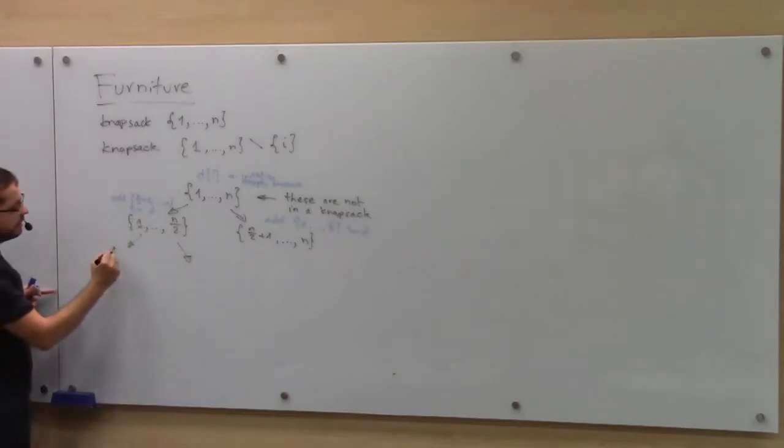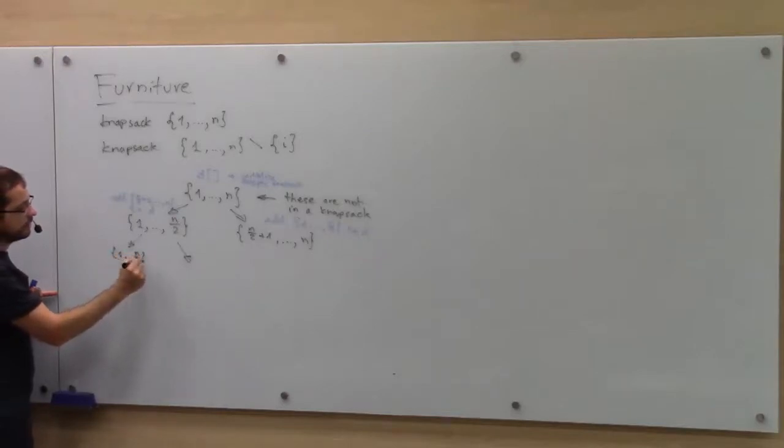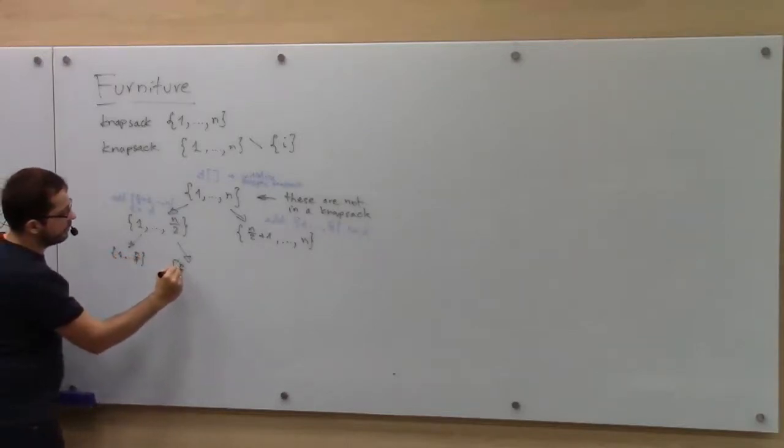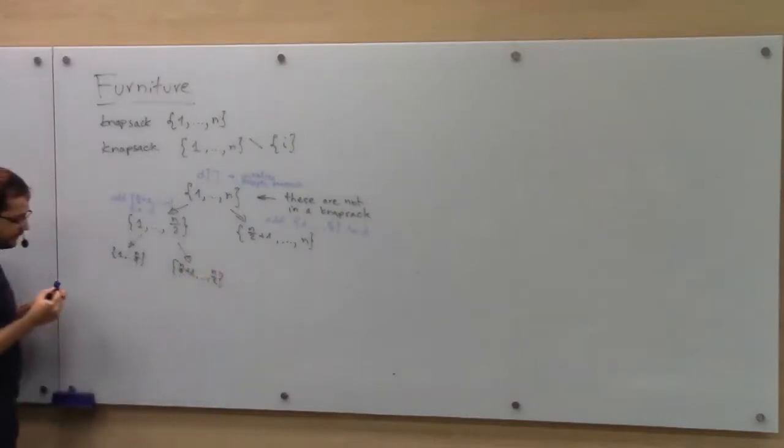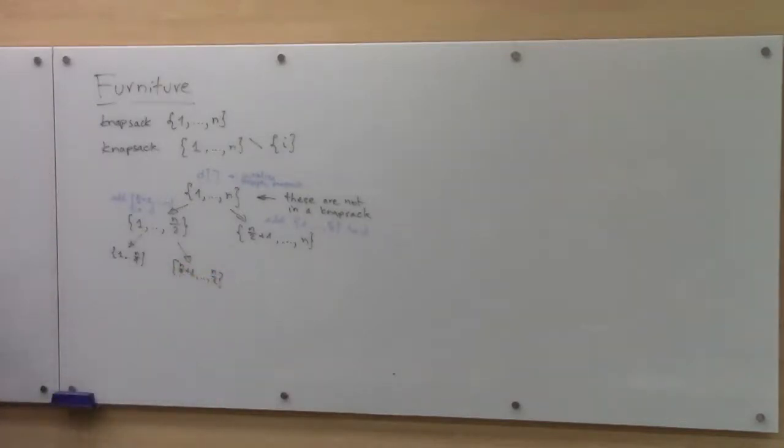Here we will have 1 to n fourth, here n fourth plus 1 up to n over 2. And here we still will have this D, and here we will add these elements, and here we will add these elements.